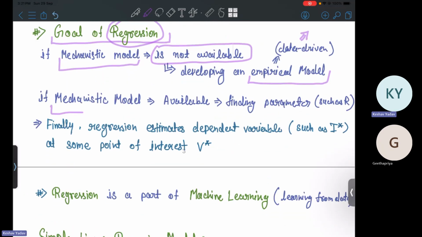And if the mechanistic model is available, we will find the parameters such as R using the regression method, such that we can reduce the effect of noise. Then once we have developed the model, for any given V star, we can find I star by using the model.